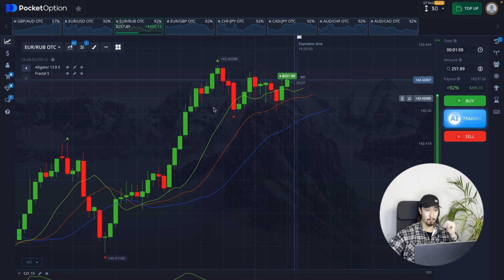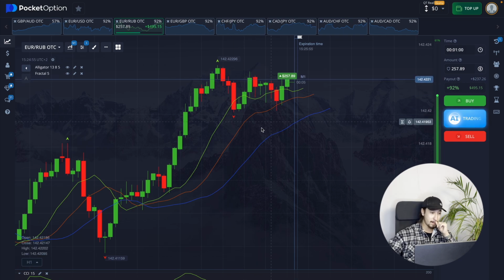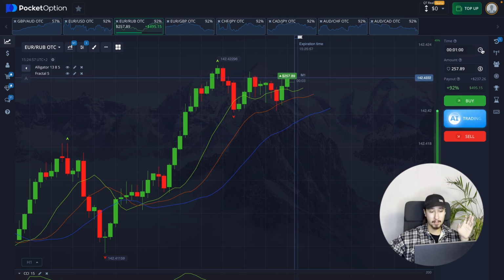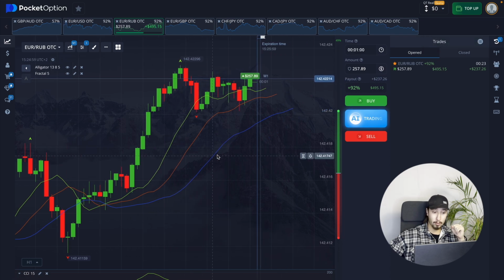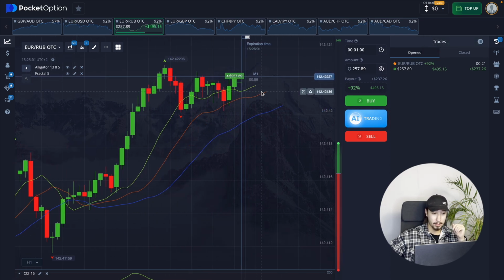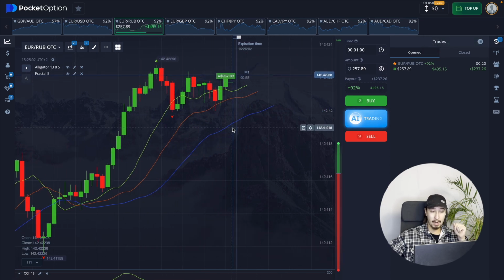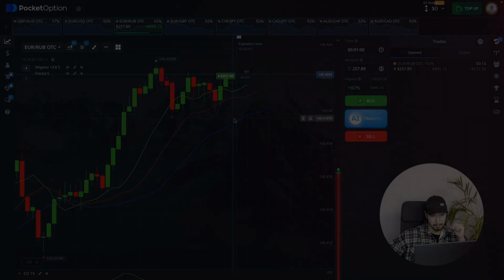It didn't break through the Alligator sliding lines, and they still show a confident upward trend. So in this case, I open a position in the direction of the dynamics. There are about 16 seconds left before completion. We look at the result and wait for our money.